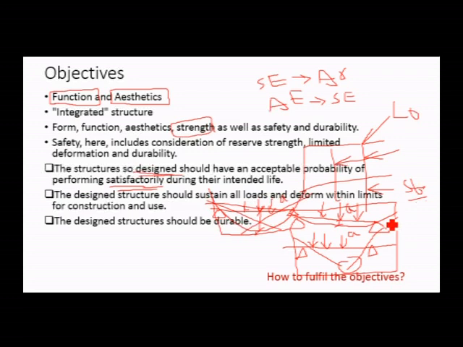The designed structure should be durable, means the material of reinforced concrete structures will get affected by the environmental conditions. Thus, a structure having sufficient strength and permissible deformation may have lower strength and exhibit excessive deformation in the long run.